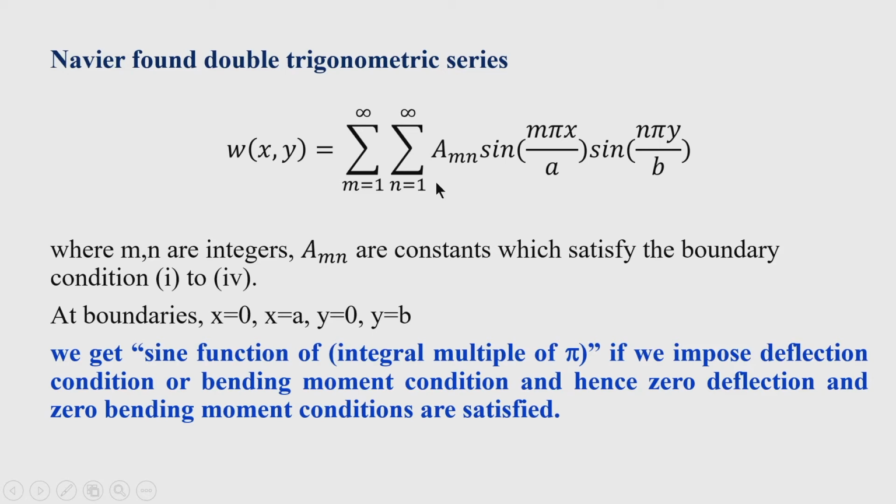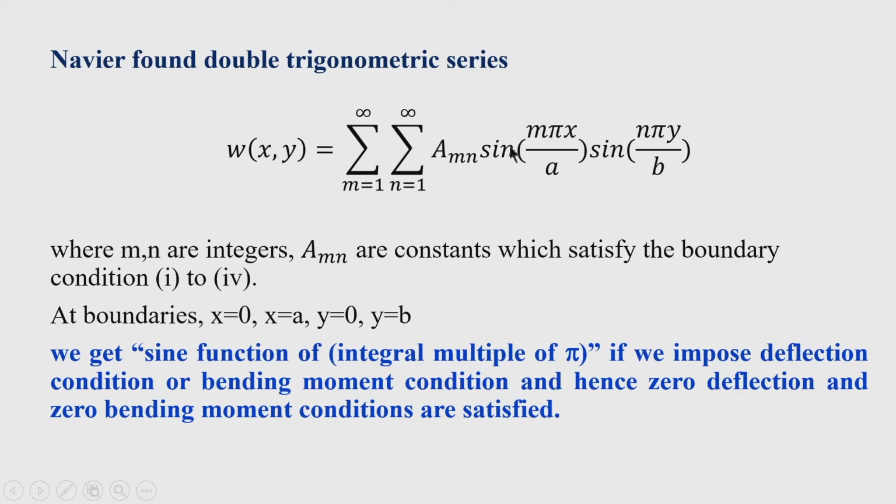You can see the boundary condition requires w is equal to 0 at x is equal to 0 and x is equal to a, and also w is 0 at y is equal to 0 and y is equal to b. So if you put x is equal to 0 here, deflection becomes 0.